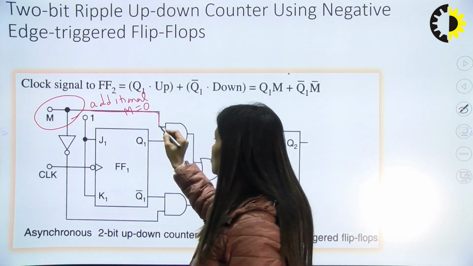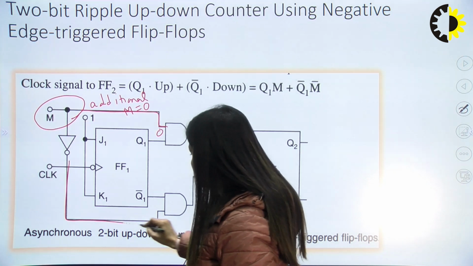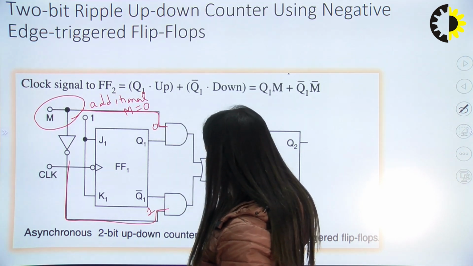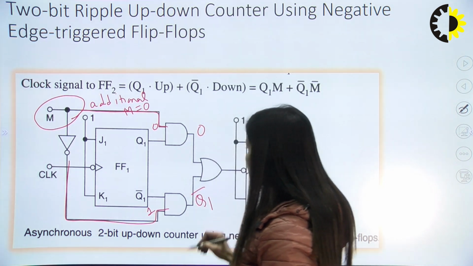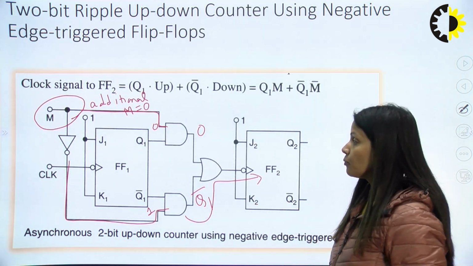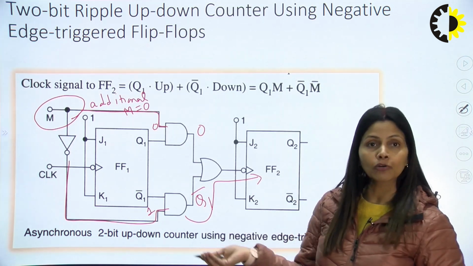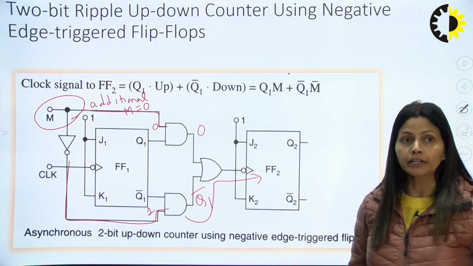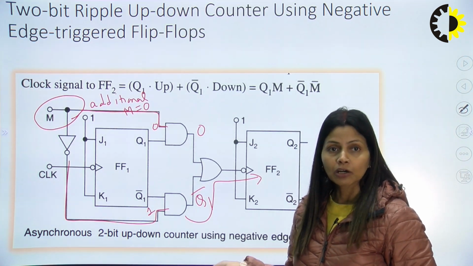Then through this AND gate this will go 1 and this output will be 0, and the other output will be Q1 bar. So my Q1 bar is connected to the next flip flop, and if Q1 bar is connected to the triggering, it will work as a down counter. Simple.